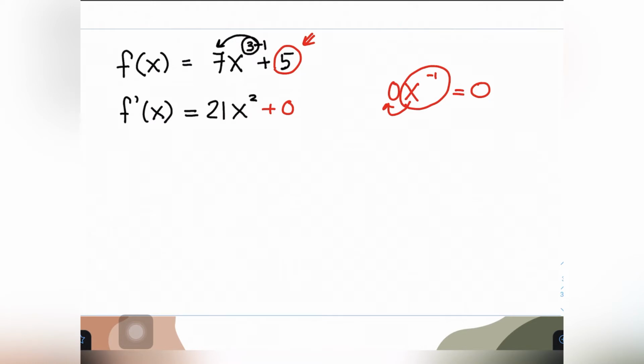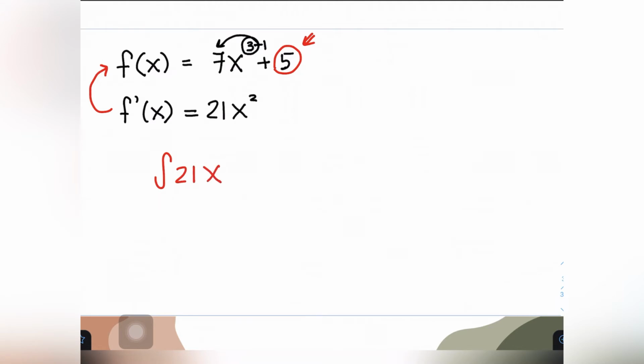So if you differentiate your function fx here, what you will get is only 21x to the power of 2. Okay, so if you want to return your f prime x back into its original equation, which is fx, you need to do a process of antiderivative, which is the integration process. So what you need to do is integrate 21x to the power of 2 with respect to x.